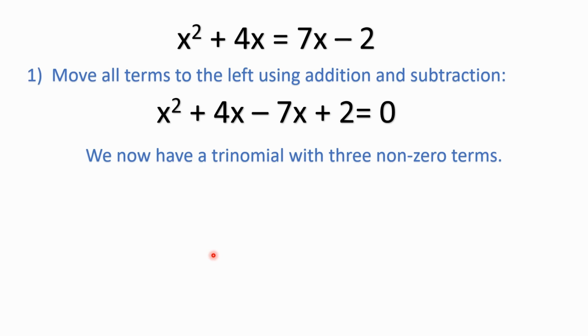All right, so again, x squared plus 4x equals 7x minus 2. We want to move all the terms over to the left side of the equation using addition and subtraction.